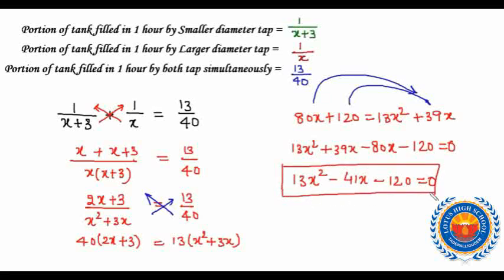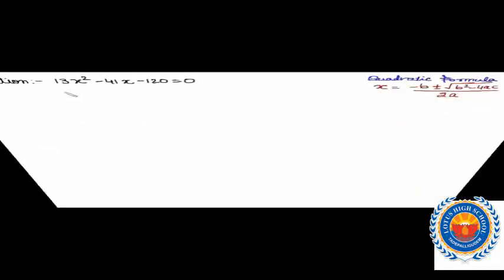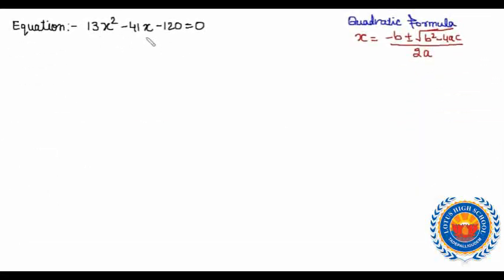So now we have to solve this equation in the next slide. For solving this equation we have three methods. Now I am using the quadratic formula method here. In the quadratic formula method, first of all we need to find the value of a, that is the coefficient of x square, b, that is the coefficient of x, and also the constant term, that is minus 120.